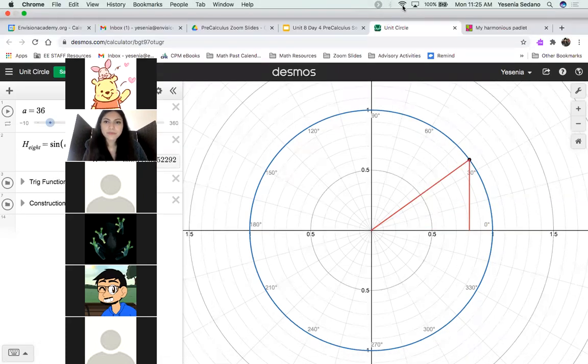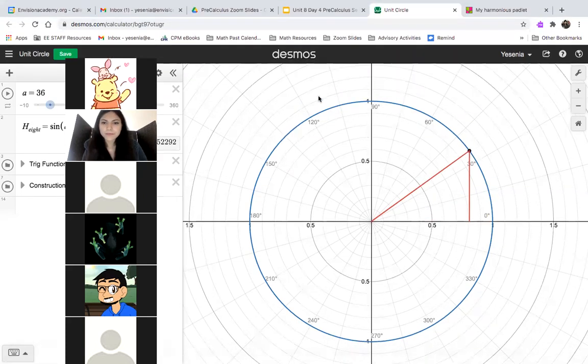And I am rotating this way, so it's a positive angle. This was called the terminal side. And then at the bottom, we had the initial side. That just stays flat. You have to just imagine there's like a red line here. That's your initial side.